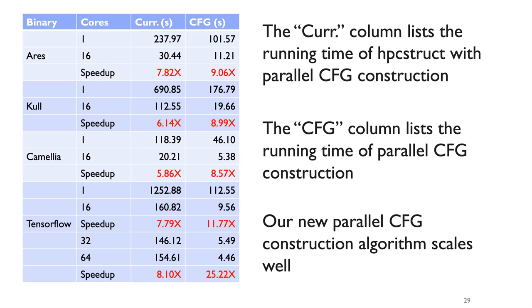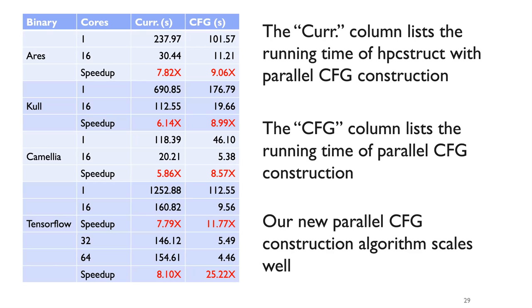We achieve a speedup of 9x to 12x for parallel constructing CFGs with 16 hardware threads and up to 25x with 64 hardware threads, showing that our parallel CFG construction scales well.